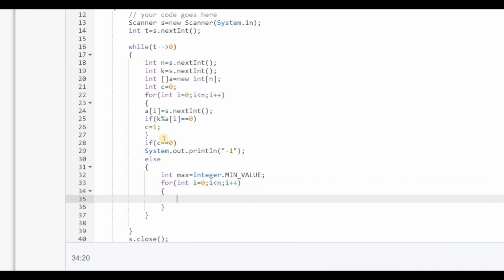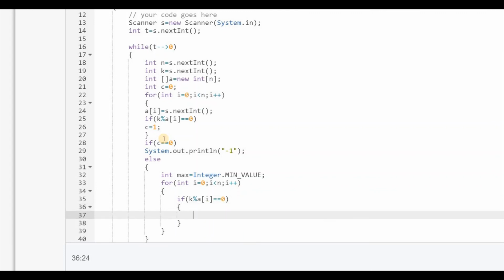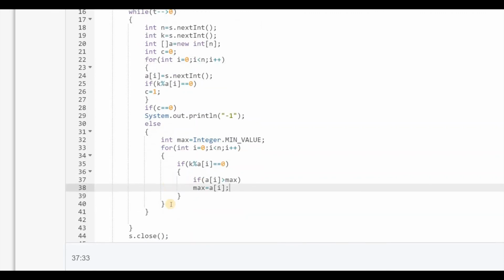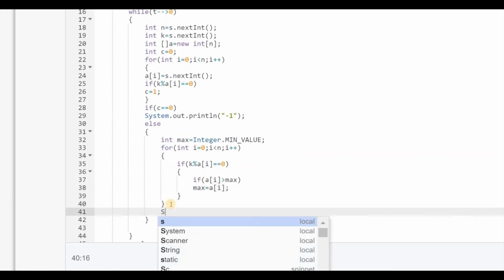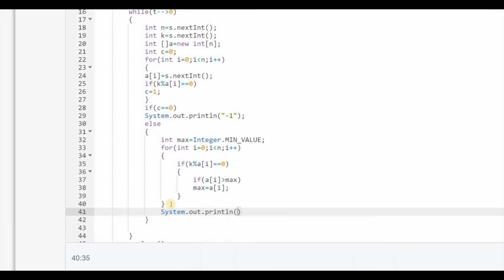I am running through the loop and if k mod a of i equals 0, then we need to check the maximum value of the array elements also. So if a of i is greater than max, then I am taking max as a of i. And then we have to output the maximum, that is max.